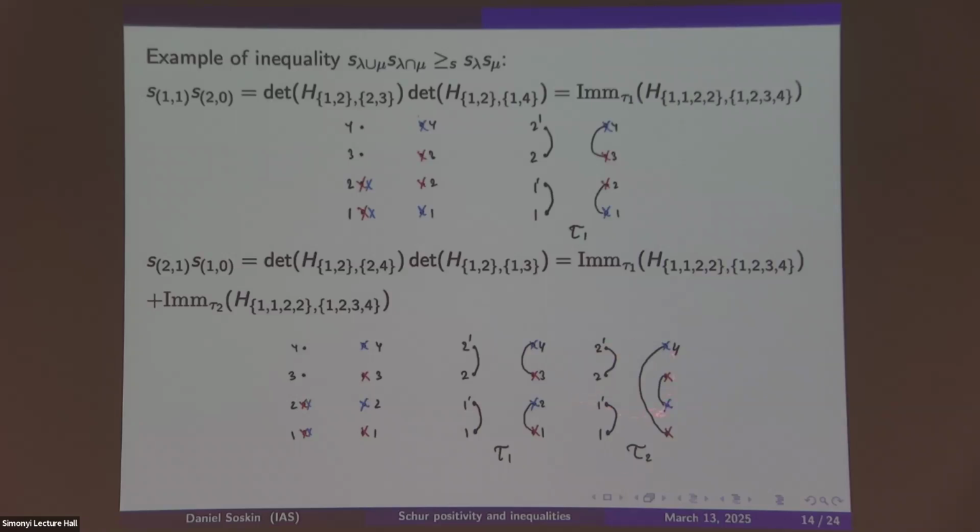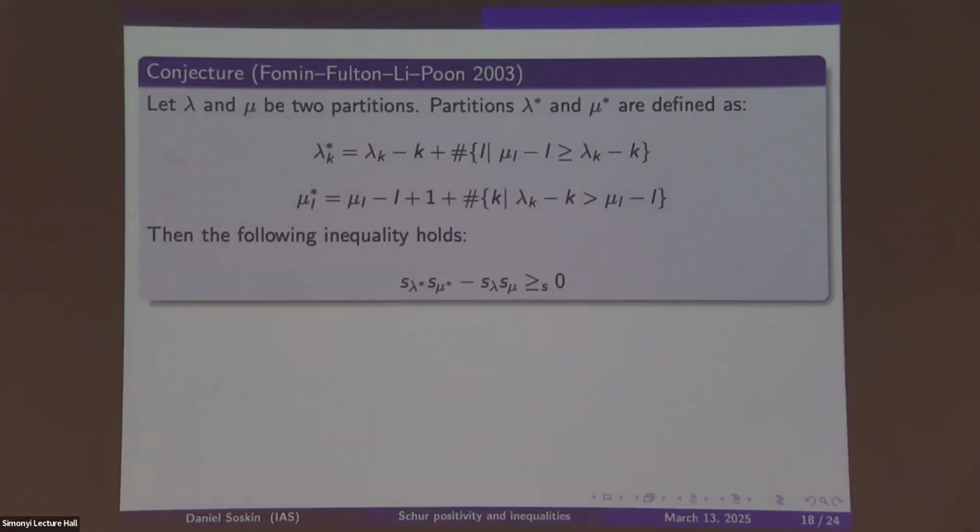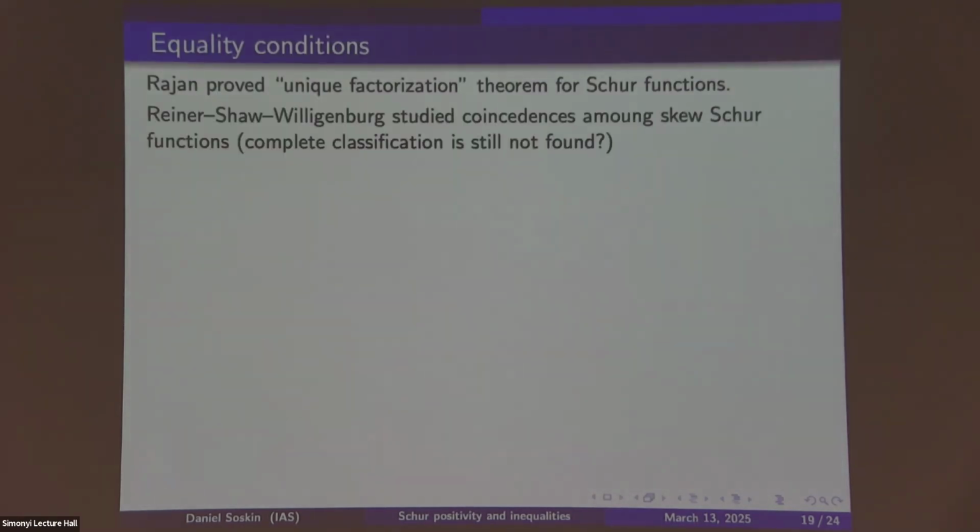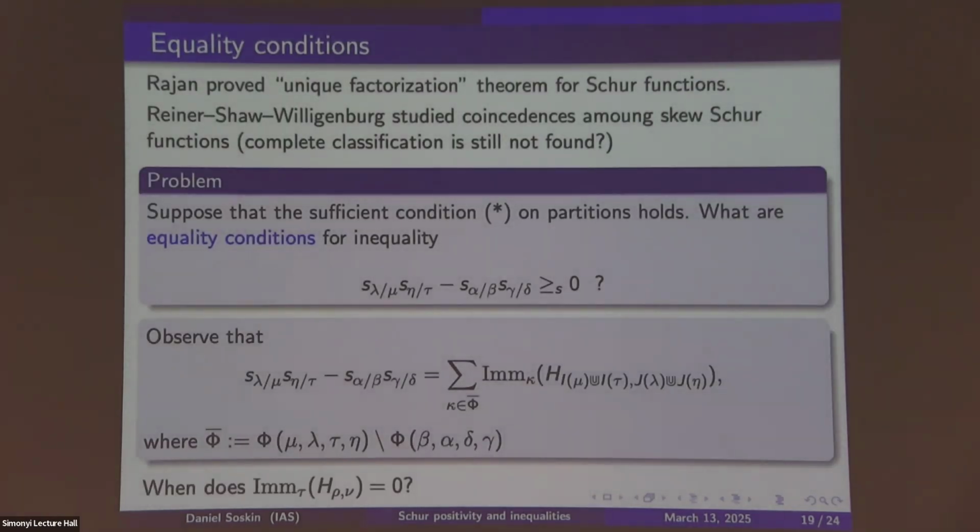But this particular diagram does not fit the first covering coming from the first product. So in this case, this difference phi bar would be just tau 2. To answer when we have the equality condition, we need to understand when all the immanants are equal to 0.